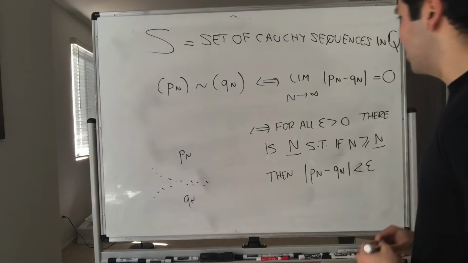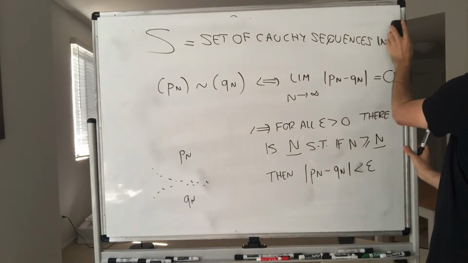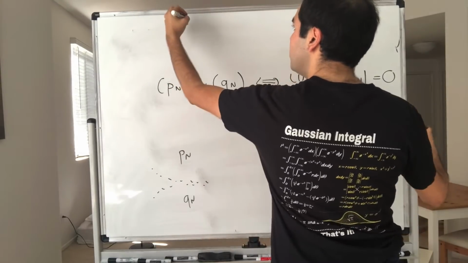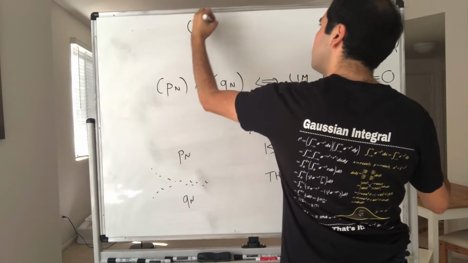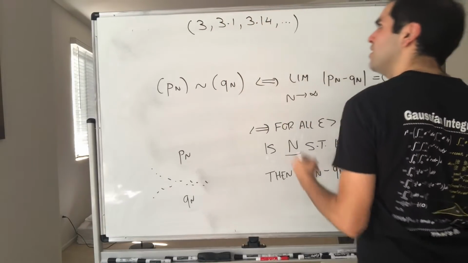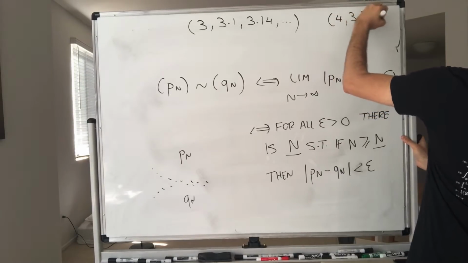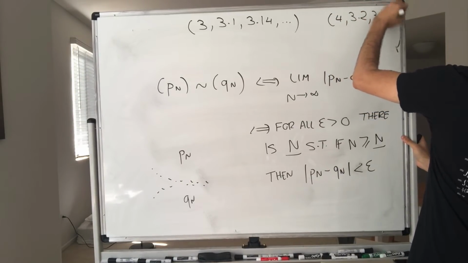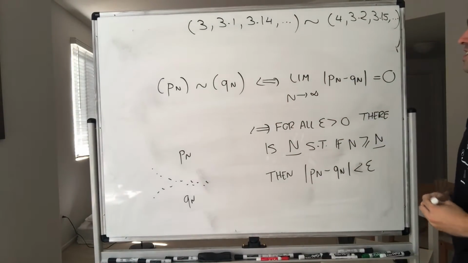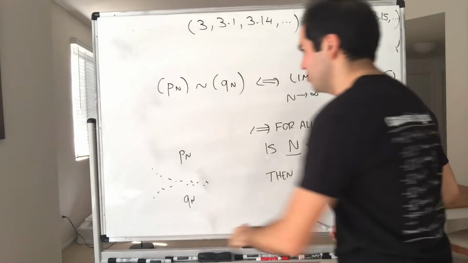They're just arbitrarily close. And again, that brings us back to our motivation. For instance, we had the sequence 3, 3.1, 3.14, dot, dot, dot, and also the sequence 4, 3.2, 3.15. Well, in fact, they're equivalent under this definition. So that's why we can define pi to be either of those things.